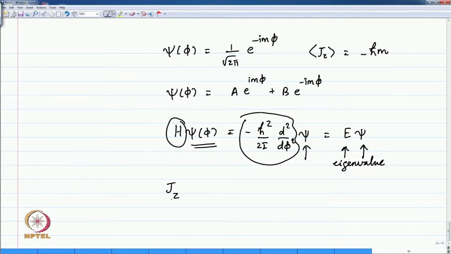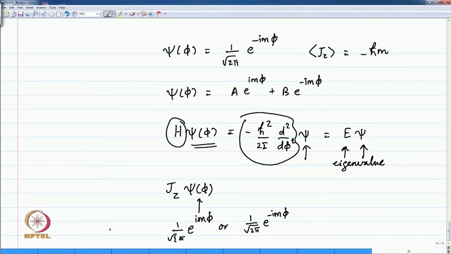Likewise, if you write the Jz operator and write psi of phi, if psi of phi is either exponential I m phi 1 by root 2 pi or 1 by root 2 pi exponential minus I m phi.